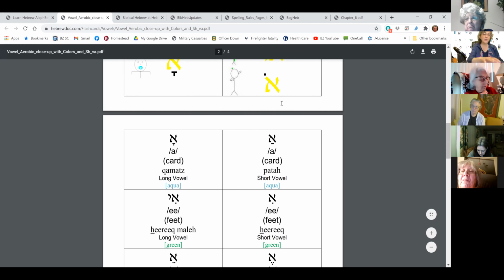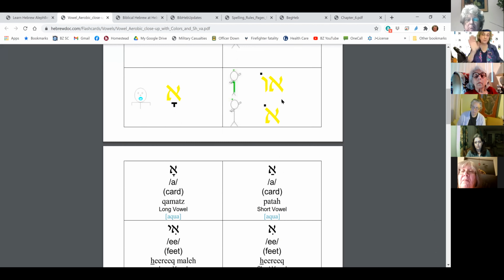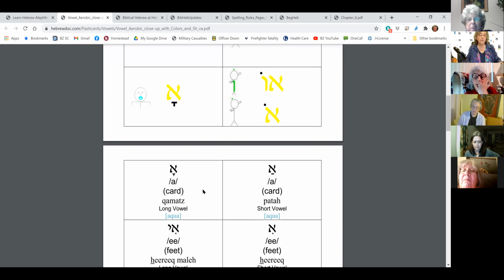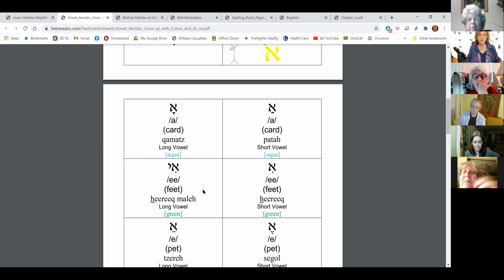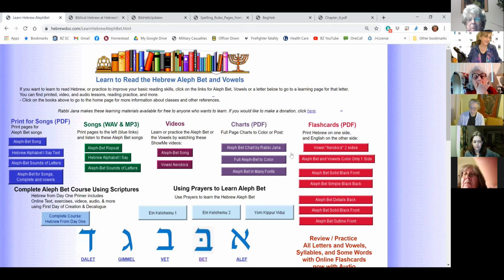If the right side is the long vowel, then once you get to the flip side, the left side has to be the long vowel so that you can print it back to back. So those are a few different ways that you can find the long and short vowels. And eventually, hopefully, you remember them just by feel. I don't know how else to put it. But those are ways to find it.